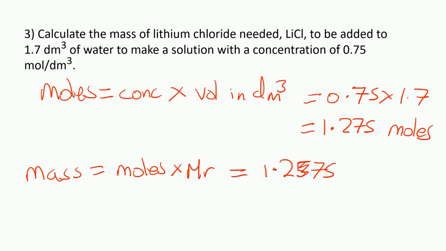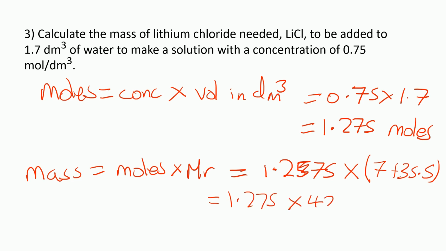Well, lithium is 7 and chloride is 35.5, so that's going to be 1.275 the moles times 42.5, which is what the Mr works out at for lithium chloride, and the answer we get is 54.2 grams. So very well done anybody who got that one correct.